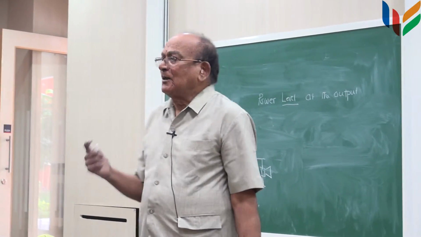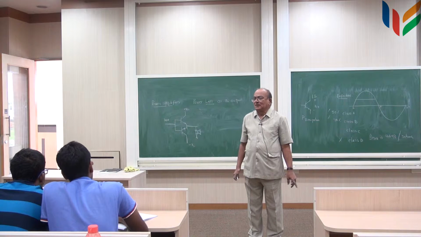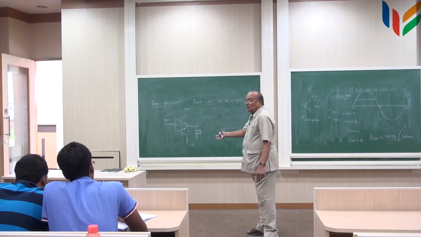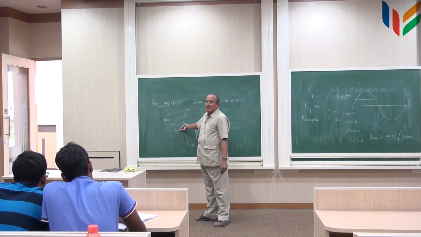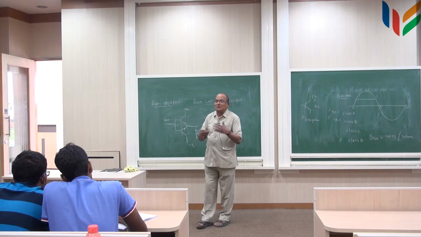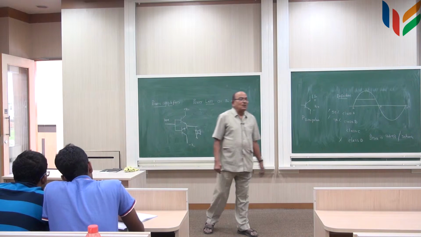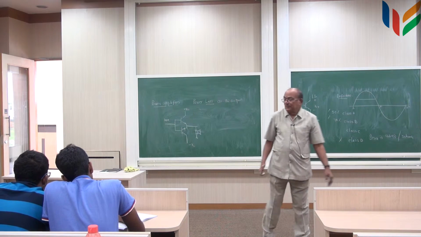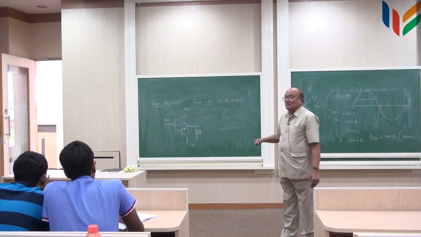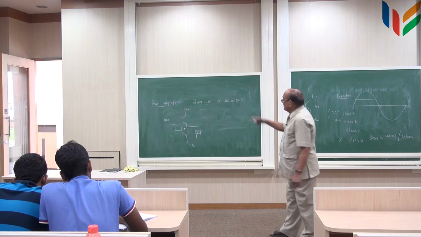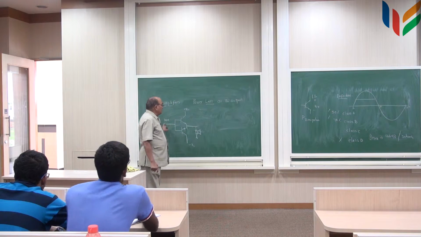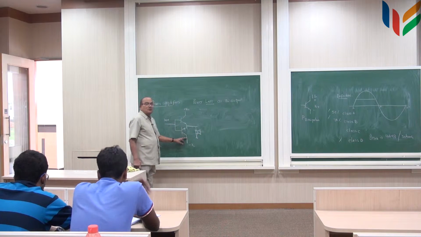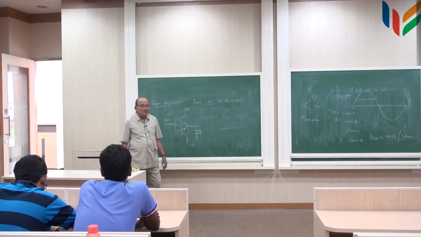You did not require a transformer to do this minusing. And at the input side, you don't need anything at all, because directly the sine wave is applied here. You didn't require paraphase signals, one sine wave and other inverted sine wave. We didn't need that. So same signal will be fed to both the bases, and positive side this will conduct and negative side this will conduct.